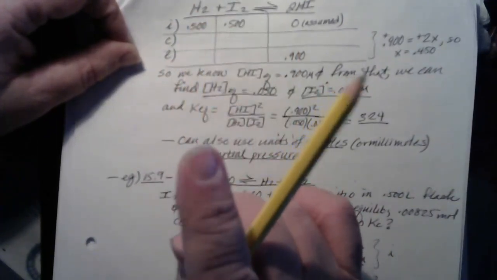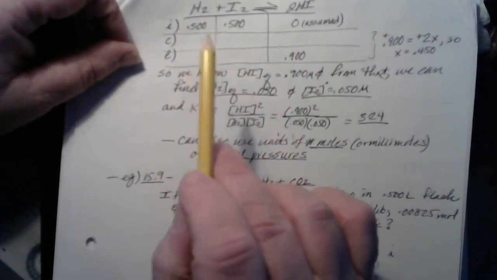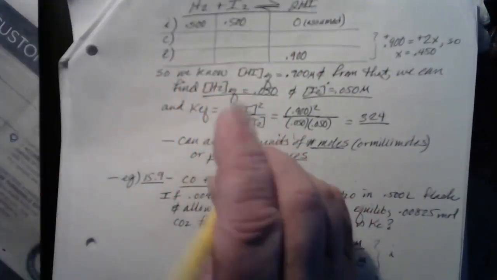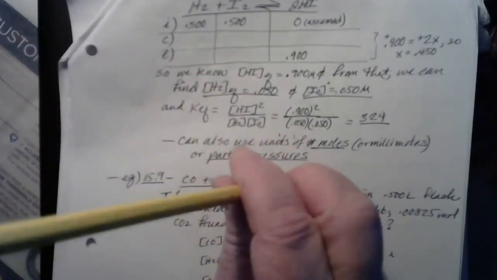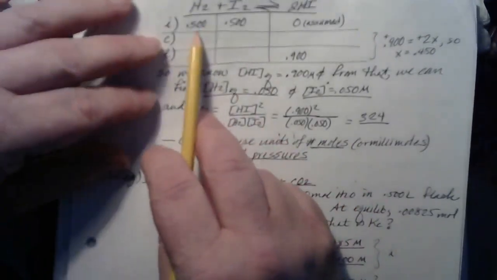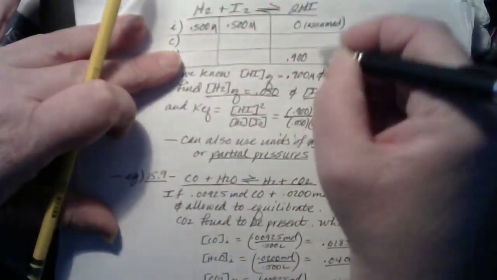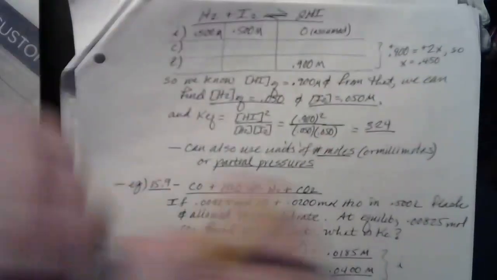And keep in mind here that for an equilibrium constant, you want to use either concentrations or partial pressures. In this case, they said there was 0.5 moles of each reactant, but the total volume was 1 liter. So that means 0.5 molar is the concentration for each of these.